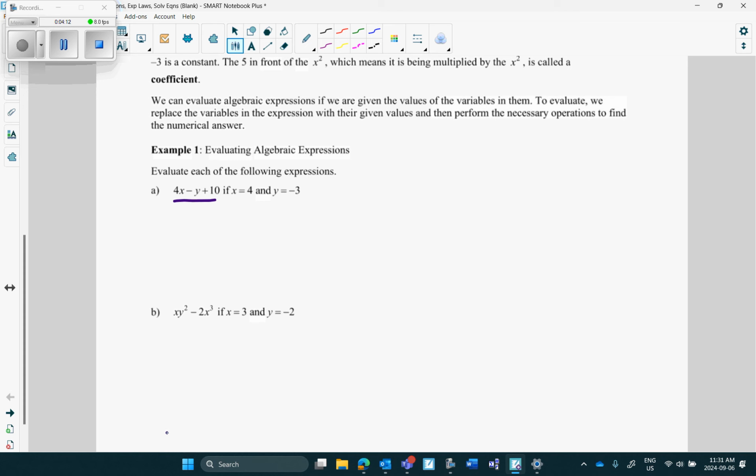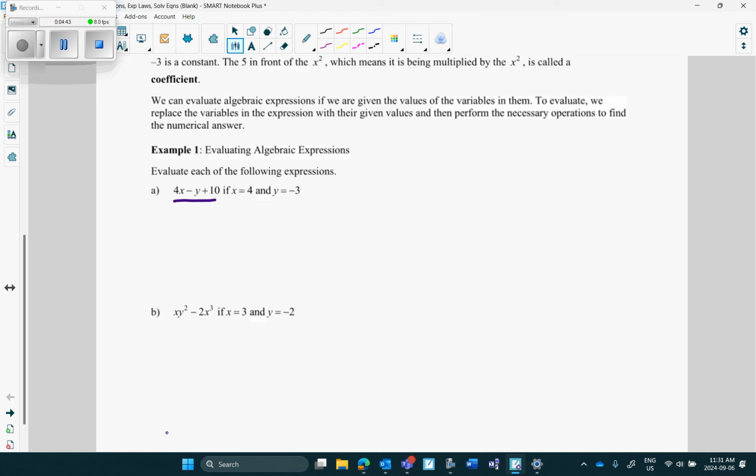X and y. Tell me a coefficient. 4. Well done. Tell me a constant. 10. Tell me how many terms are in this. 3. Good. So you should be familiar with that.